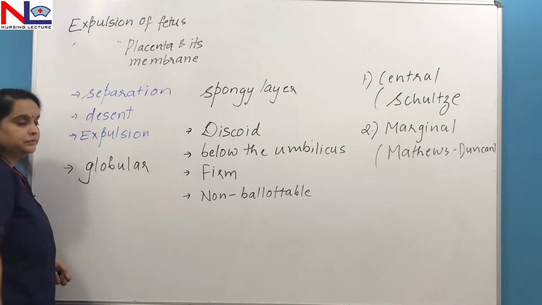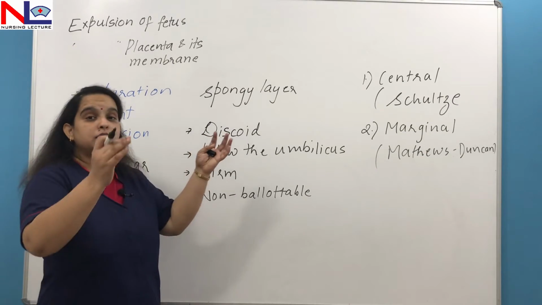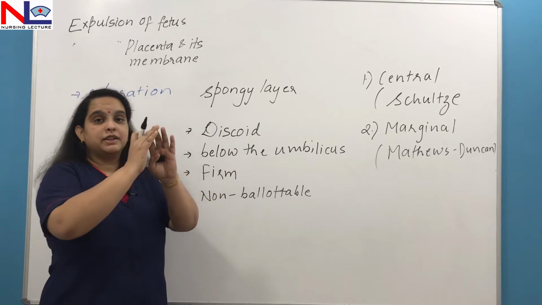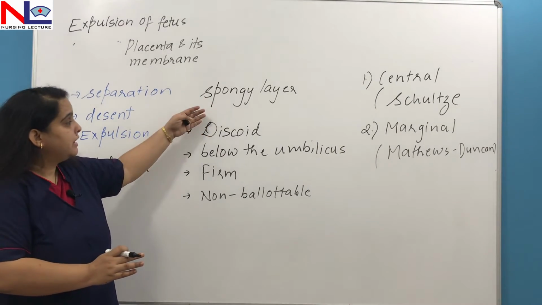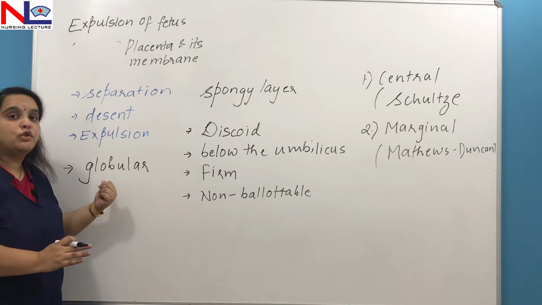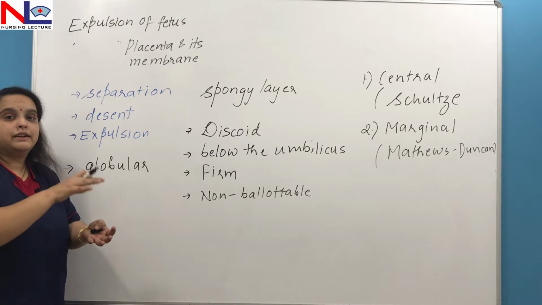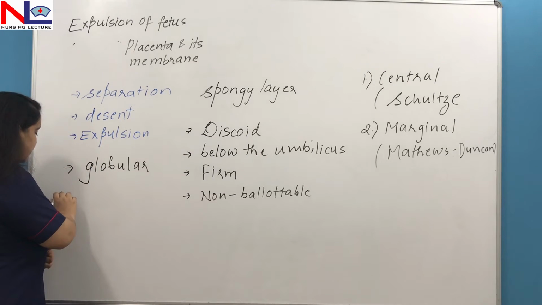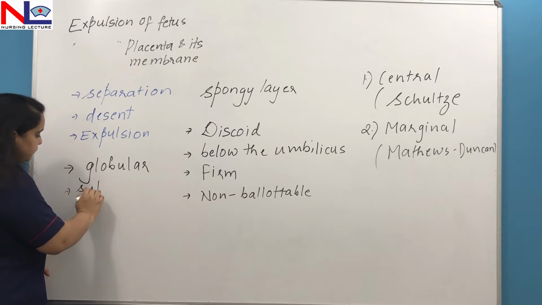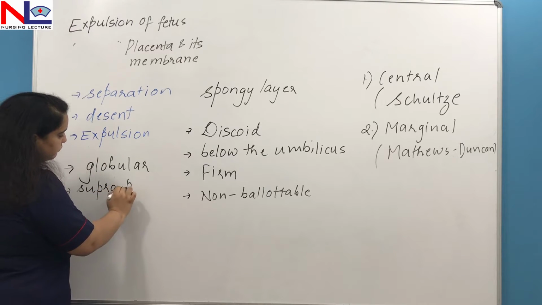Because the upper segment, which is broader before separation, now changes to globular because it comes down and occupies the lower segment. With this globular shape, there is a suprapubic bulge.